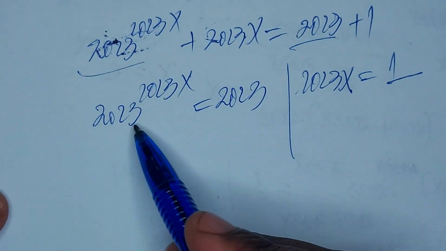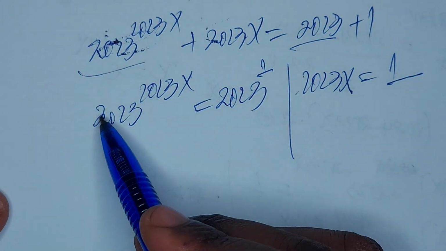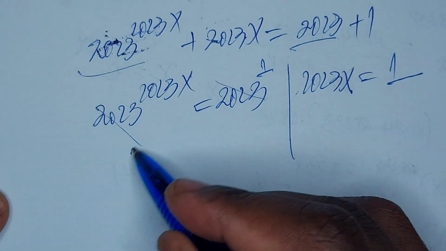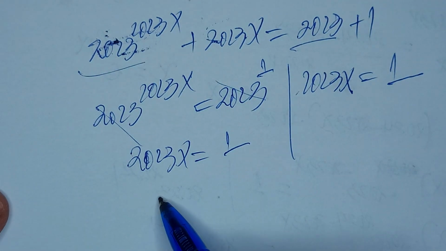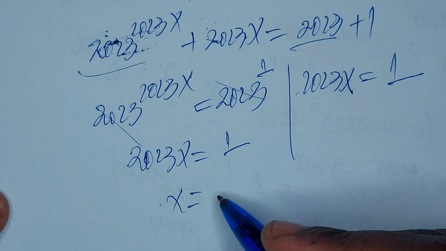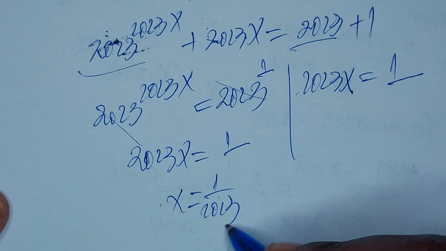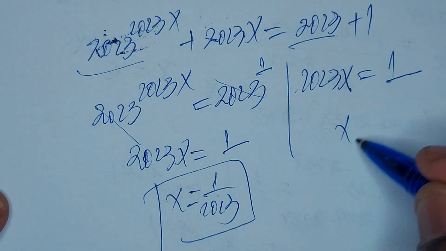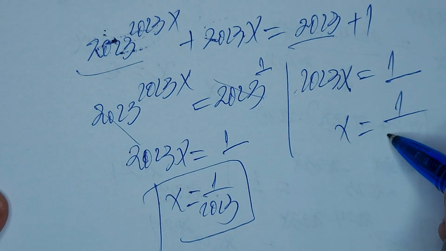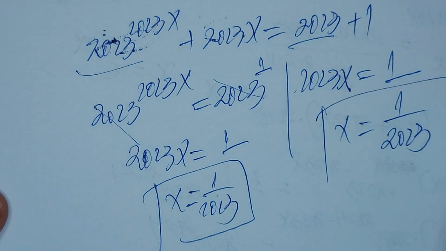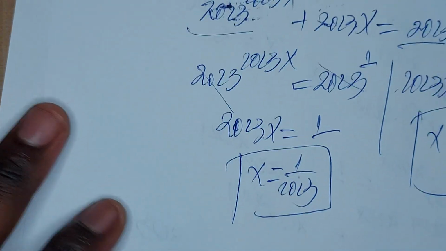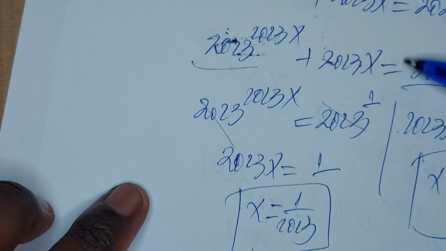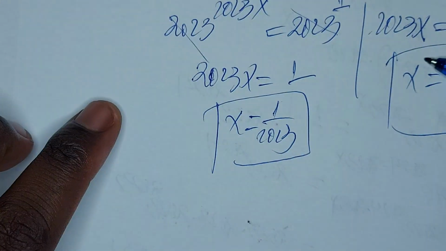So I have power 1 here, and 2023x equals 1. You see, x here is going to be 1 over 2023, and x here is going to be 1 over 2023.